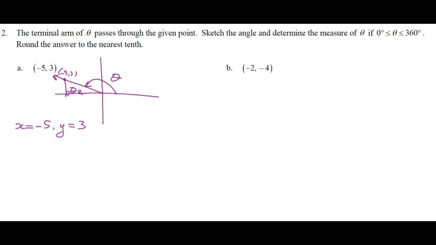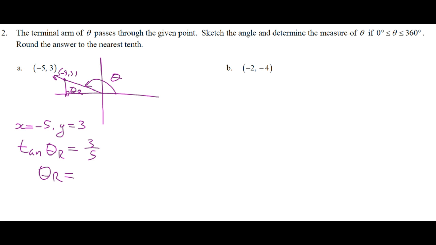So we are going to work out the tan of the reference angle. If we just type in inverse tan of 3 over negative 5, it's going to give us a negative quadrant 4 angle, and we don't want that. We want the reference angle, and we have to put it into quadrant 2. So the tangent of the reference angle is y over x, just 3/5.